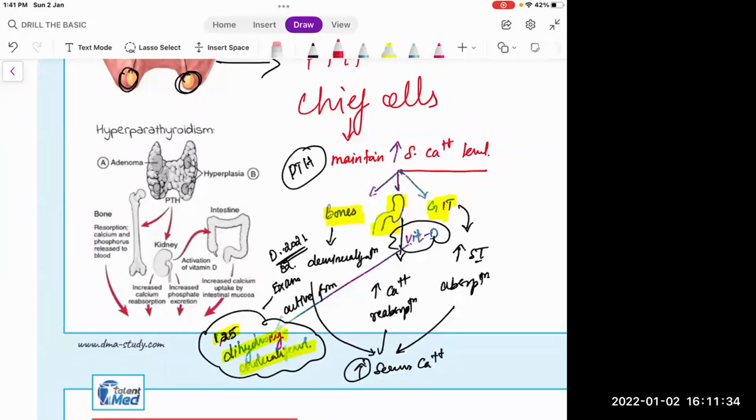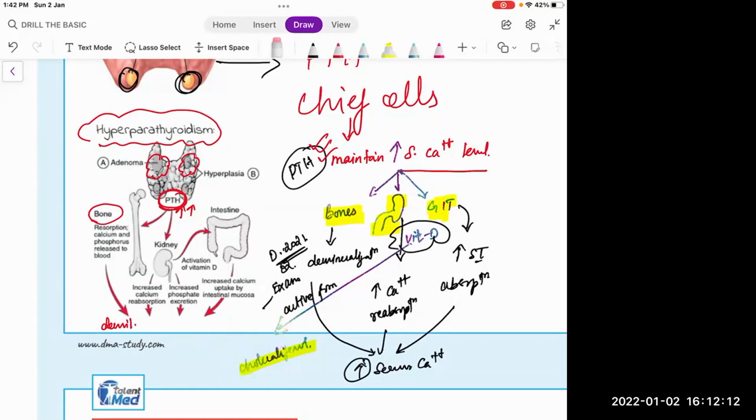So in hyperparathyroidism, whatever functions you have seen here will remain in excess. Hyperparathyroidism is due to adenoma of the parathyroid gland. So the parathyroid gland will be enlarged, leading to increased production of parathyroid hormone. So there is more action of parathyroid hormone on the bones, causing demineralization; on the kidney, excess calcium reabsorption; and on the intestine, excessive calcium absorption in the small intestine.